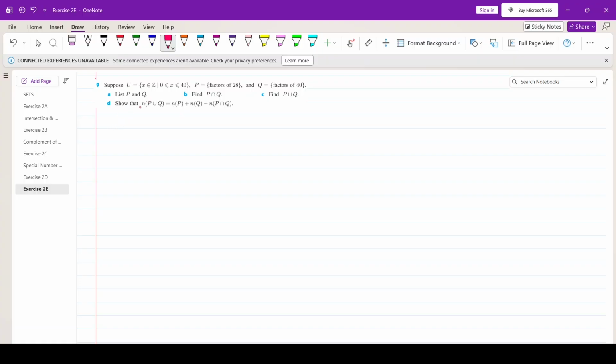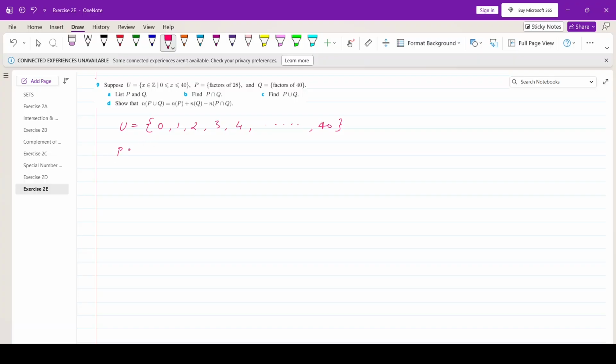So this question can be done the very same way we have done question number 8. We need to write the elements in the universal set. So that will be 0, 1, 2, 3, 4 till 40.